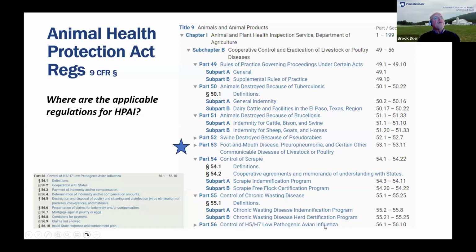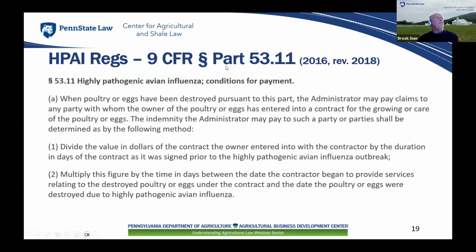And low path avian influenza is a thing that is with us. It's been with us. It has its own standing program that is paid for, I believe, 100% by USDA. And actually, Pennsylvania gets reimbursed by USDA for low path activities. I believe the Department of Ag does. But in any event, in Part 53, buried in there is one section, 53.11.